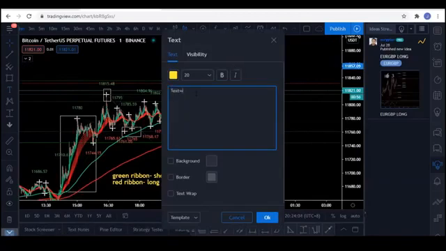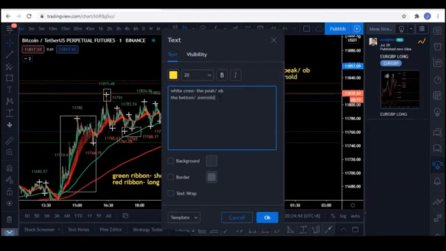The white cross is the peak of our overbought area, the peak of our OB. And the white cross at our bottom is the bottom price of our oversold area.